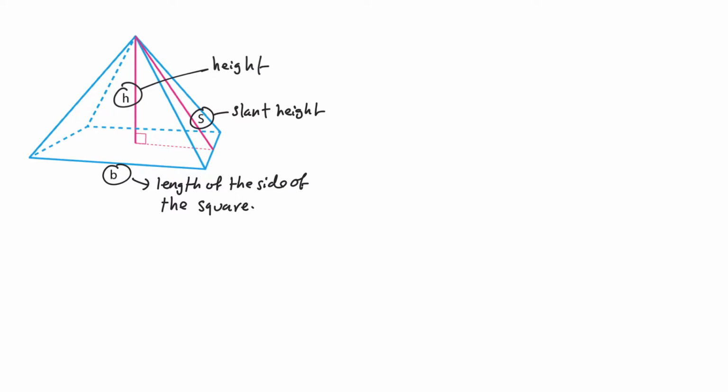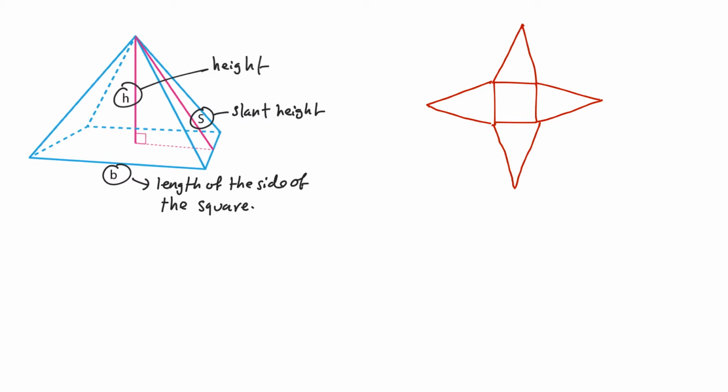Now let's say we wanted to draw out the net of the shape over here. So here we will have a square base, so that would be the square. We would have one triangle, two triangles, and these triangles all have the same sides. And this one.